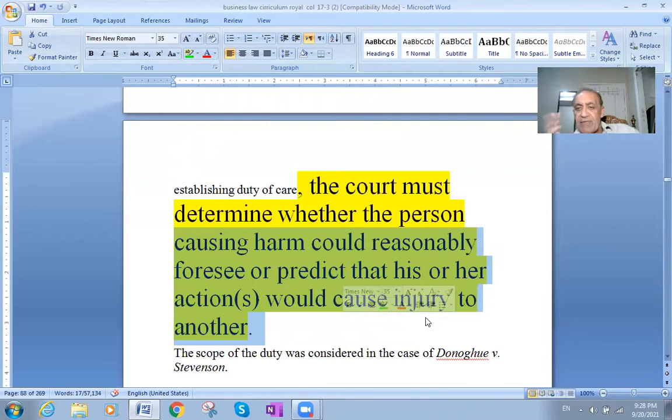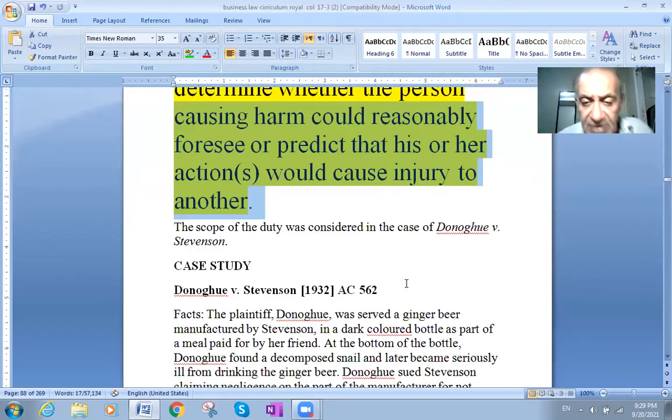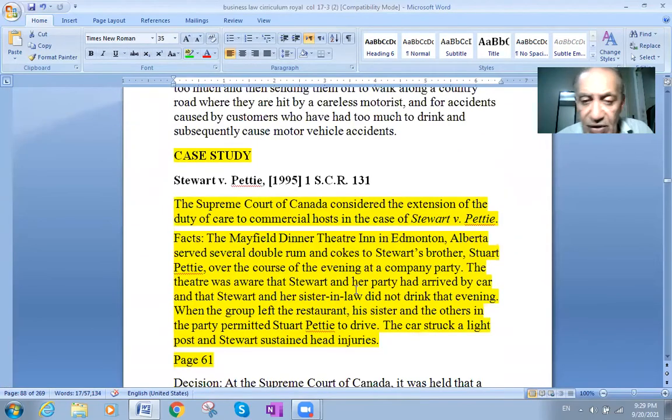The court will investigate: did that action lead to harm of another person or not? If it led to the harm of another person, then we are in front of a tort. If it didn't do harm or damage to another person, then we are not in front of a case of a tort.